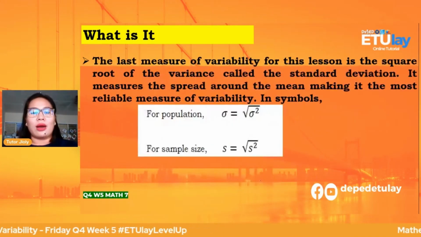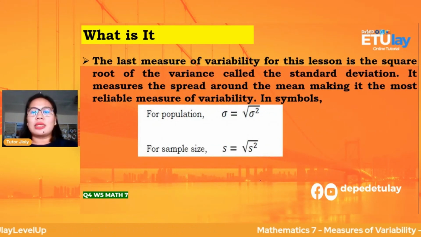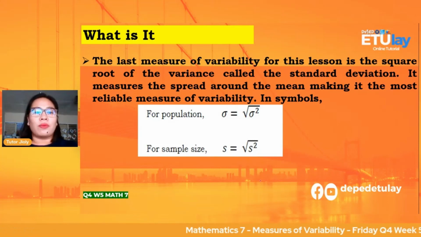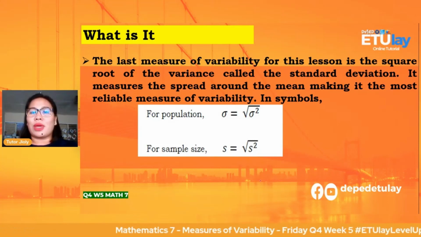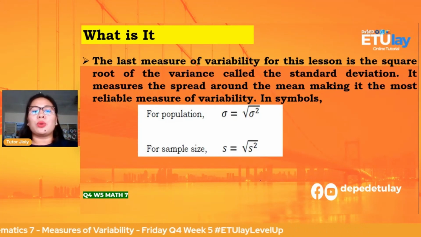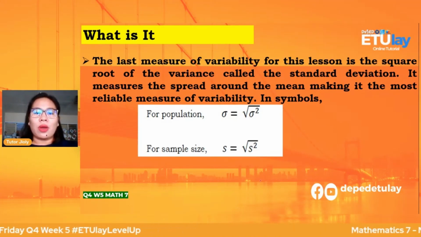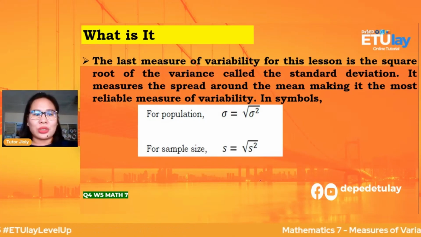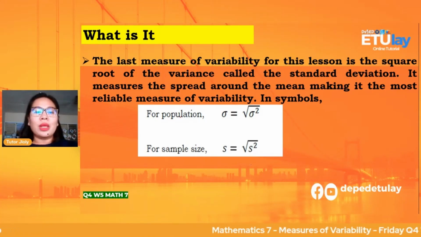Next, last, the measure of variability for this lesson is the square root of the variance, called the standard deviation. To get the standard deviation, we're going to get the square root of that answer, for both the population and the sample.